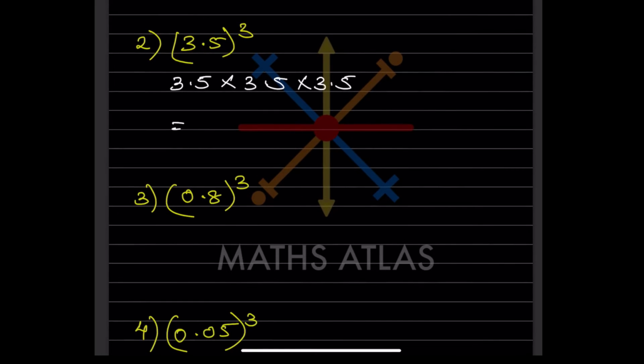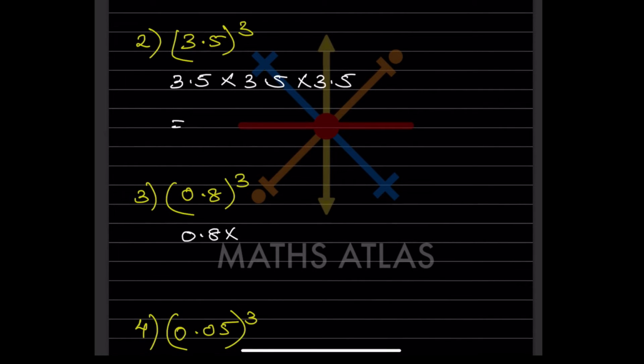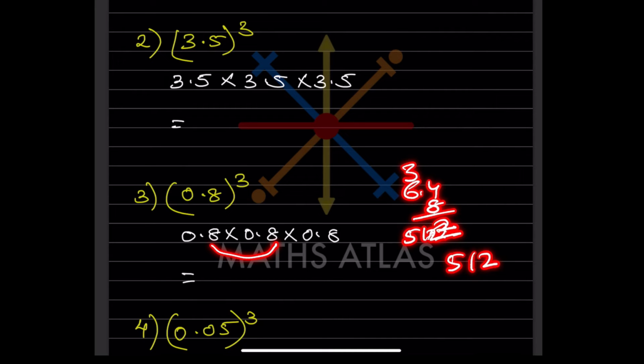Now again for this one, 0.8 into 0.8 into 0.8. You can just multiply, or else I'll show you here. 8 8s are 64, and 64 8s are, first you will write here 512.